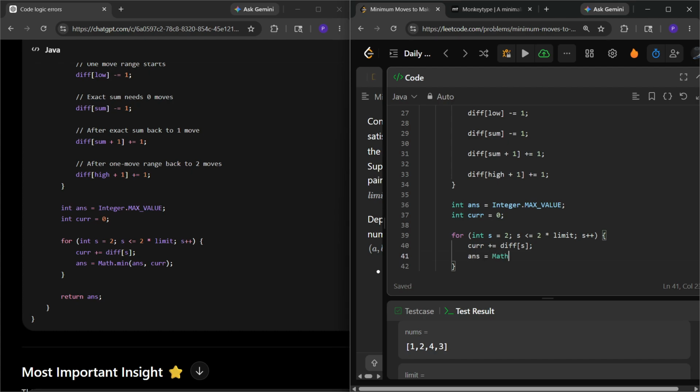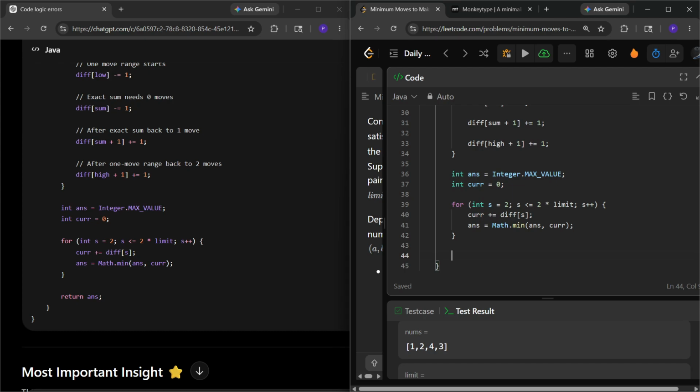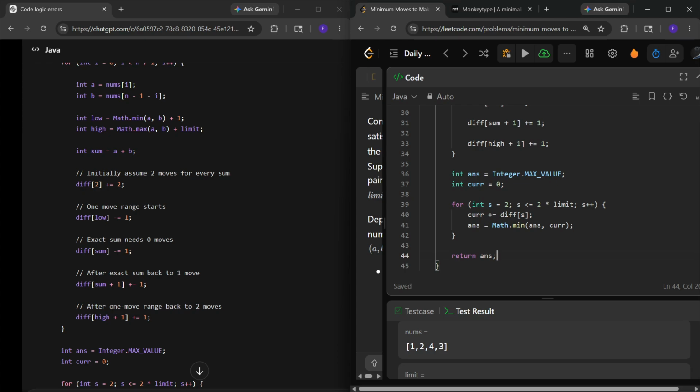And then the answer is equal to the minimum between the answer and the current. Then I can just return that answer. I said, okay, assume everything is two moves away, like two changes away from being the final sum. Then one move range starts. The low is subtracted. Exact sum needs zero moves. Then the difference is 1 plus 1.